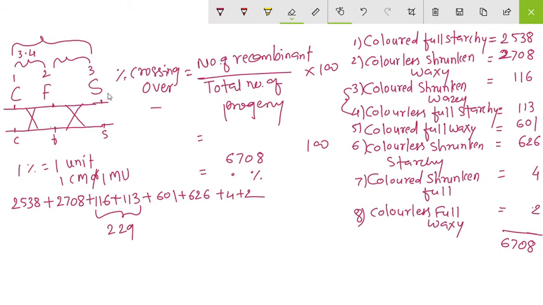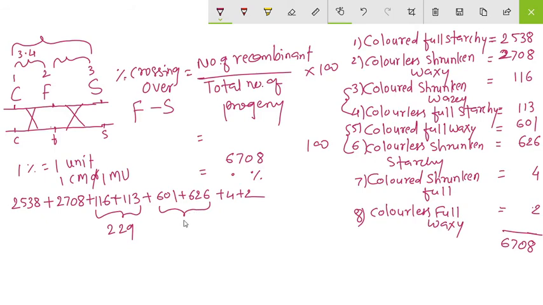So F and S. The distance between F and S: these are the progenies. The fifth and sixth are produced due to this.